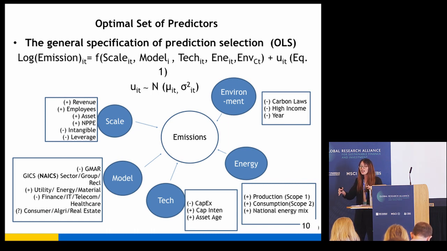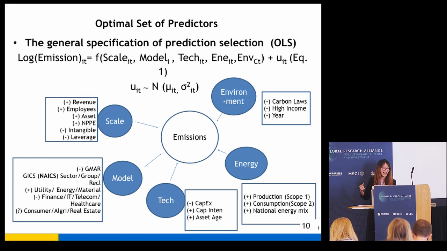There are many levels of GICS classification, like sector, industry group, or group, so we want to find out the right level of classification to use here. We also try other classifications, and we try to reclassify by ourselves based on the greenhouse gas accounting methodology to see if we can improve the prediction accuracy.